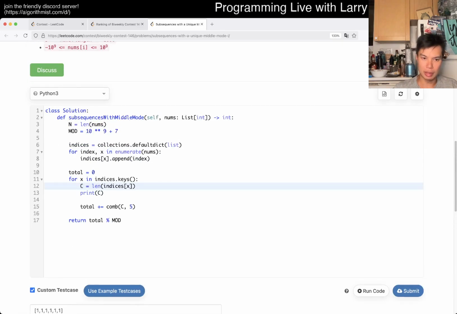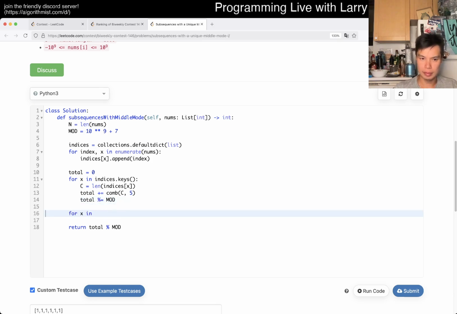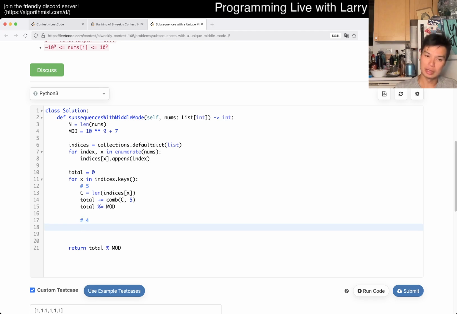Okay, so that's right. And then now we want to choose 4. Okay, so these are the 5s, right? So maybe it's just less complicated this way. And 4 is just choose 4 times 1 of every other number. So basically it's going to be n minus c, right?